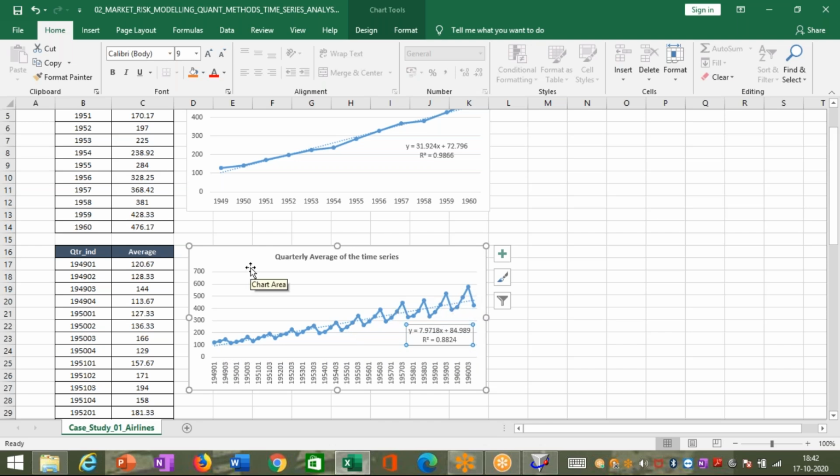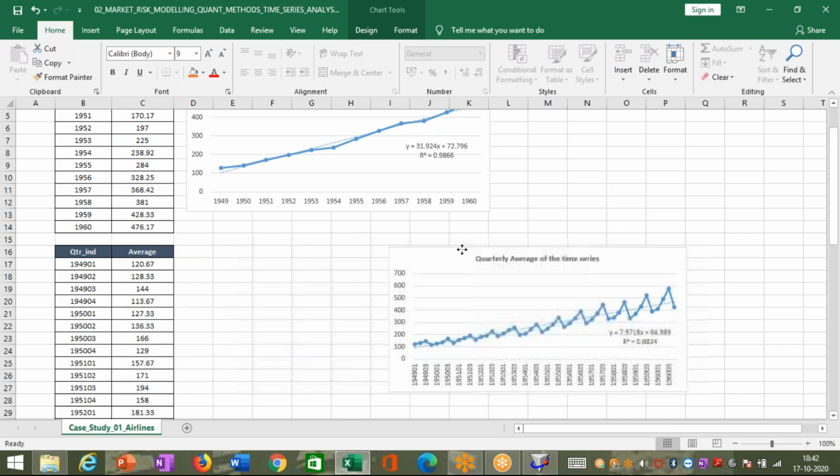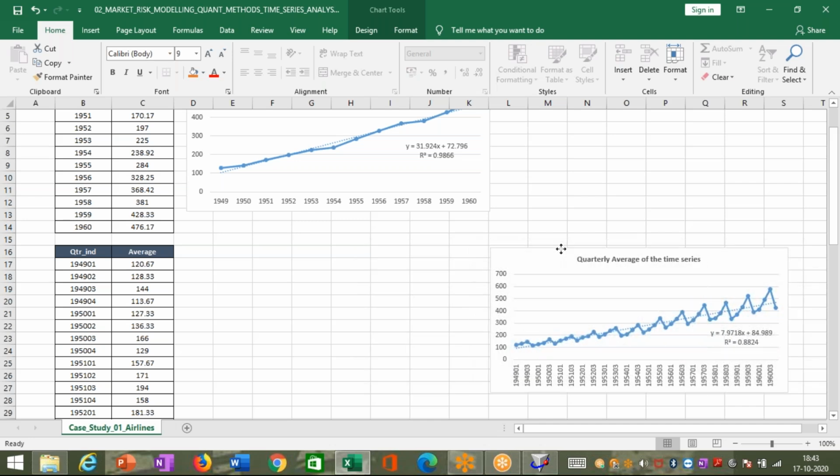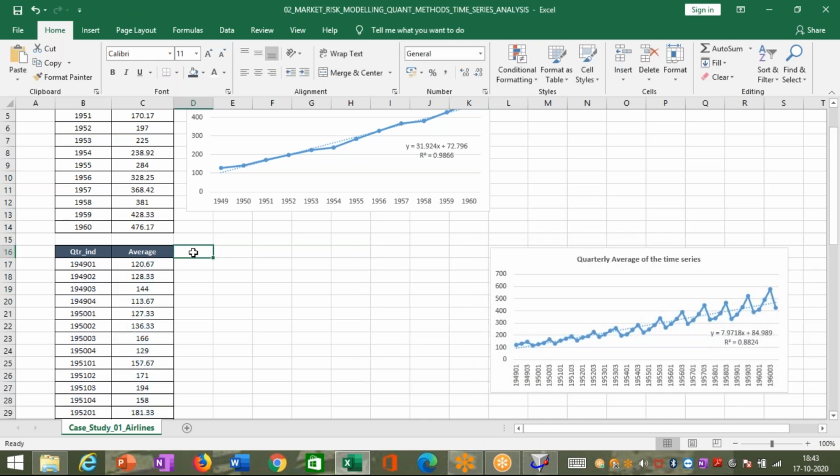So what we'll do over here is introduce one more column, which is the standard deviation. I'll attach one more column, the average standard deviation.